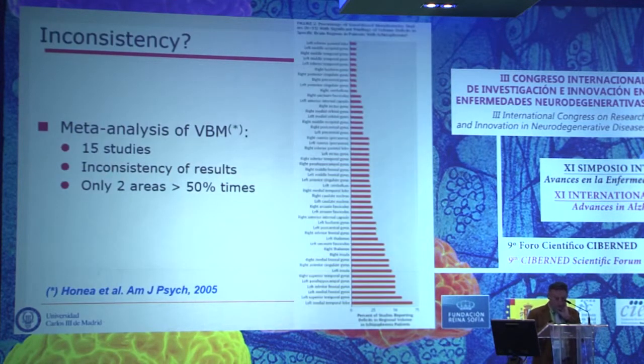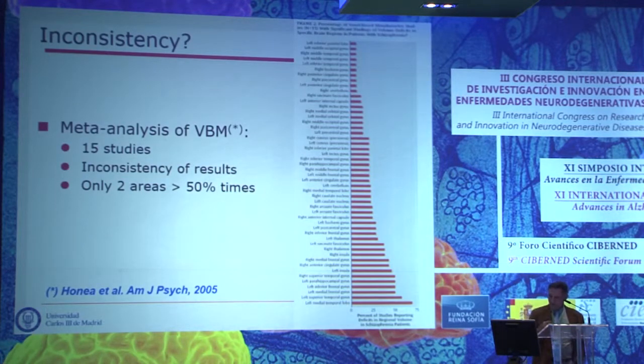And this leads to a lot of inconsistent results in the literature when using advanced neuroimaging methods to analyze the brain. In this case, well, this is a little bit old data, but things haven't improved since then. It's a meta-analysis of studies trying to detect areas with changes in volume in schizophrenia.